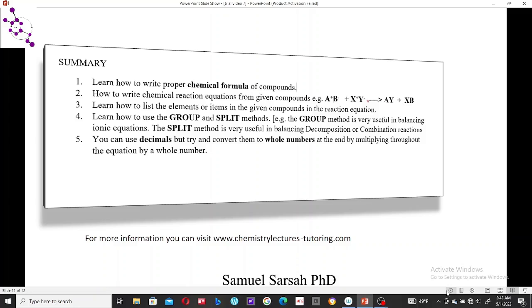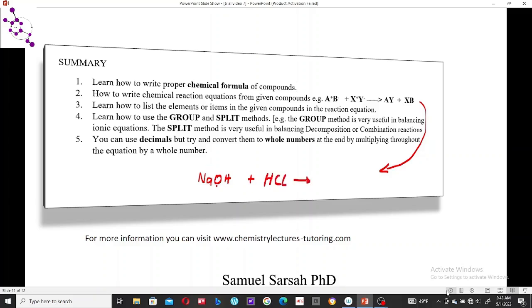So you can even write an example from sodium. Let me try and write an example. Let's say we have sodium hydroxide plus HCl, and then they're asking you to write the products.